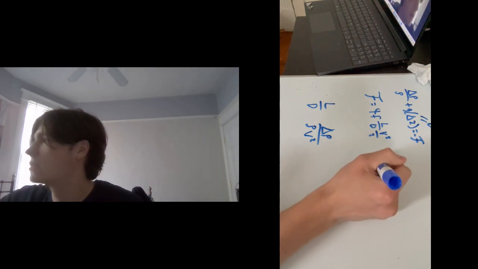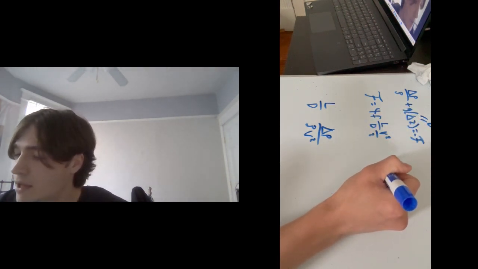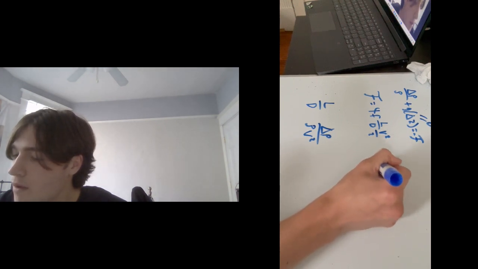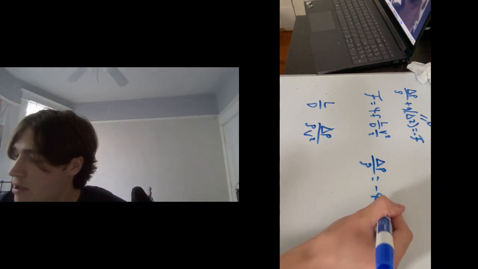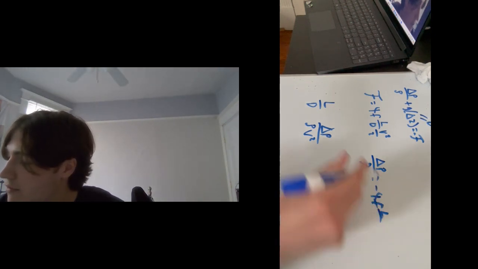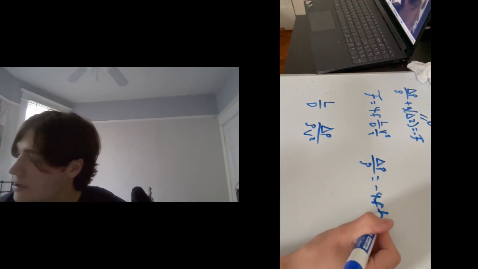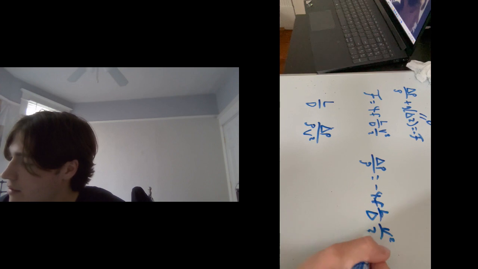So what we have is a negative F over here. So we know that this delta P over rho is going to equal negative 4F, which is our friction factor, times L over D times V squared over 2.